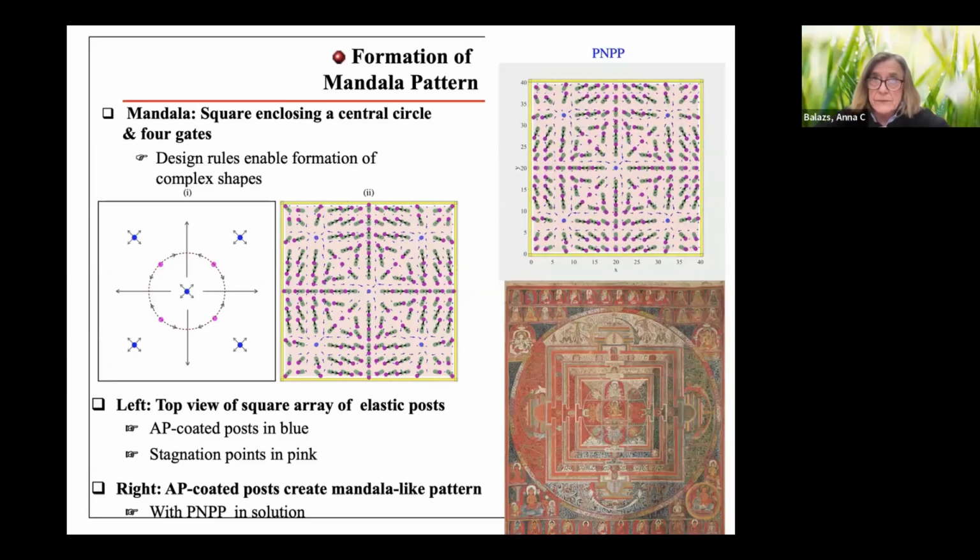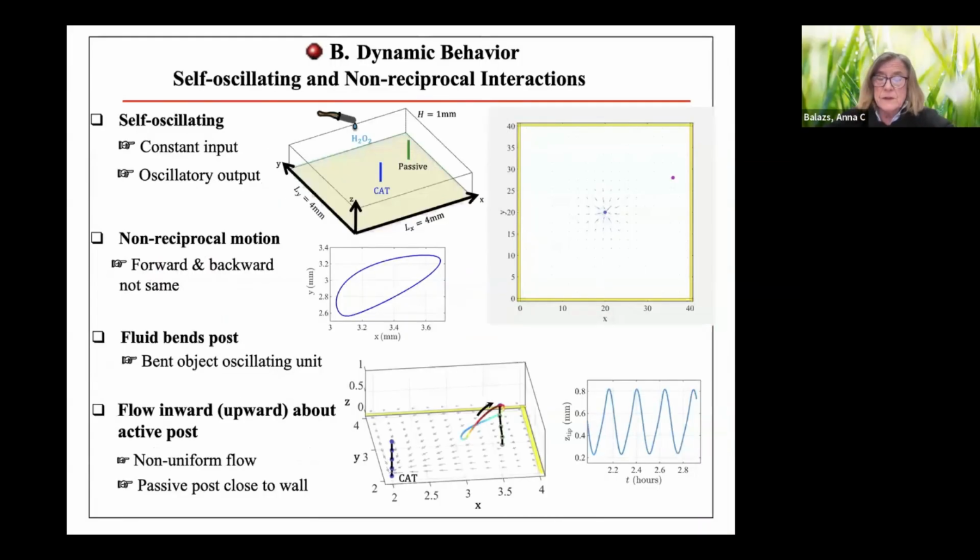A mandala does have a particular structural requirement. You have to have a square enclosing a central circle, and then you have to have 4 gates. If you look carefully, eventually you see the central circle, and you see a square enclosing that central circle. And the gates, we're calling gates, are those other objects near the middle of the circle. So we have those design rules.